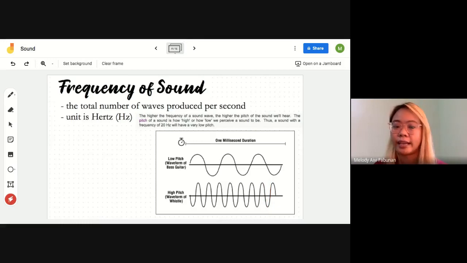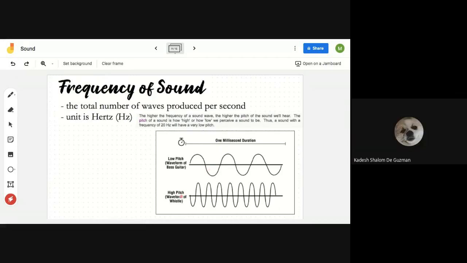So yun yung pinagkaiba nila. Yung isa ay tatlo lang yung waves in the same time, which is 1 millisecond. Yung nasa baba naman, nakapag-produce as much as 8 waves in the same time, which is 1 millisecond. So ibig sabihin nun, magkaiba na yung frequency nitong sound sa taas at sa baba.